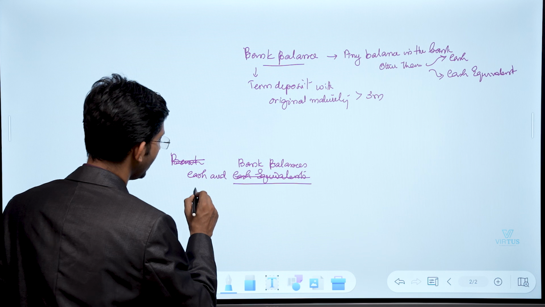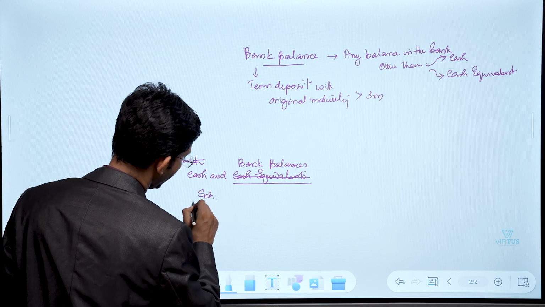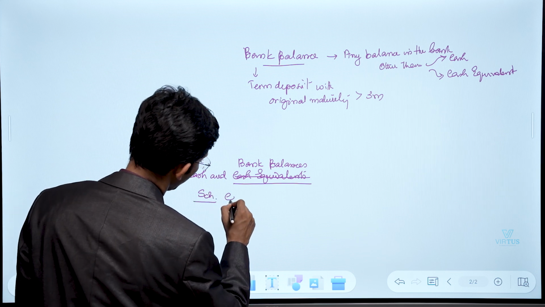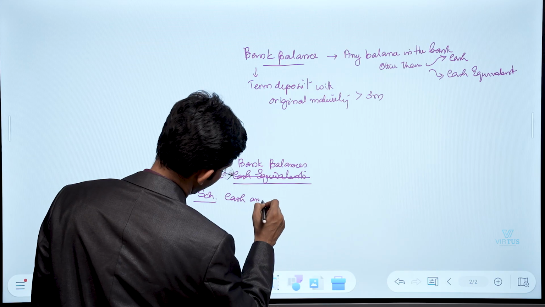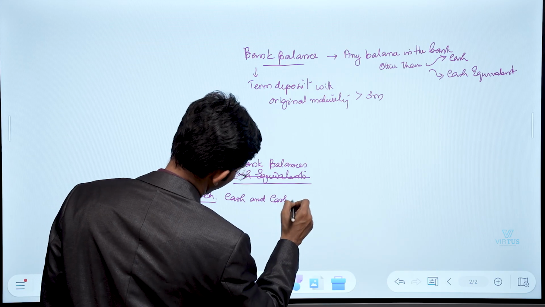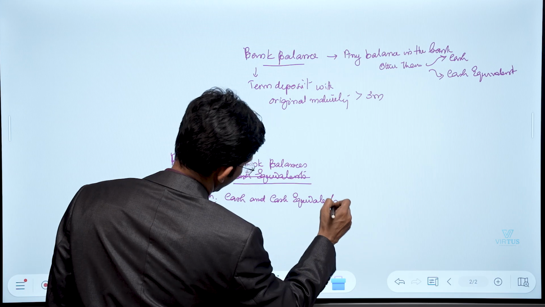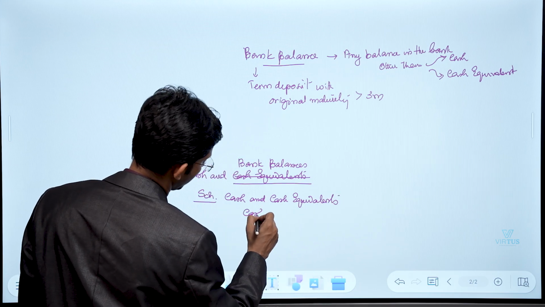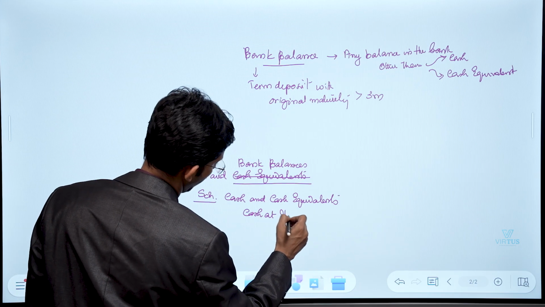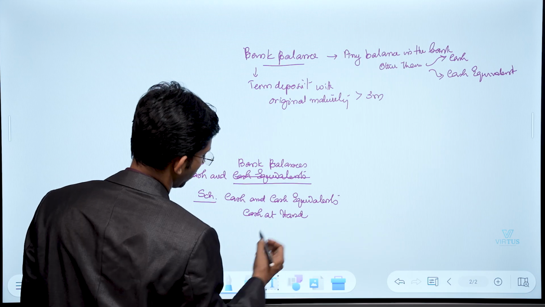And what do you have to do? In the schedule, you have to first give cash and cash equivalents. In that, the first one will be cash in hand.